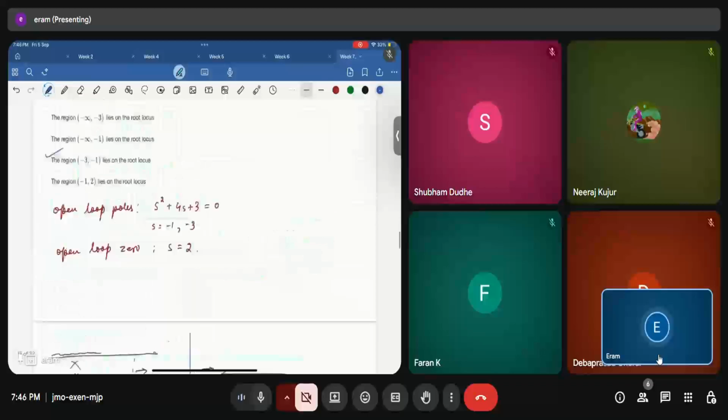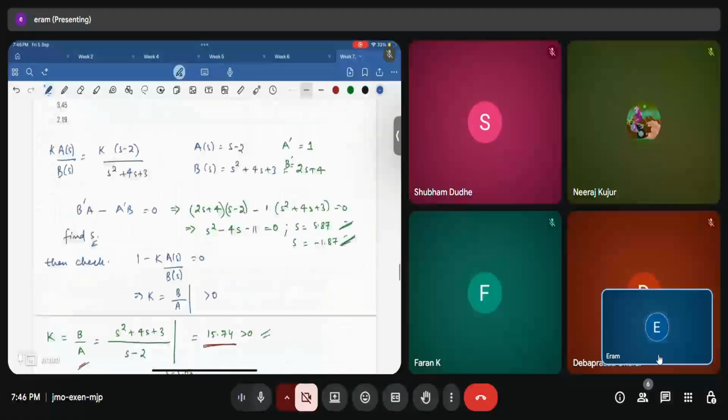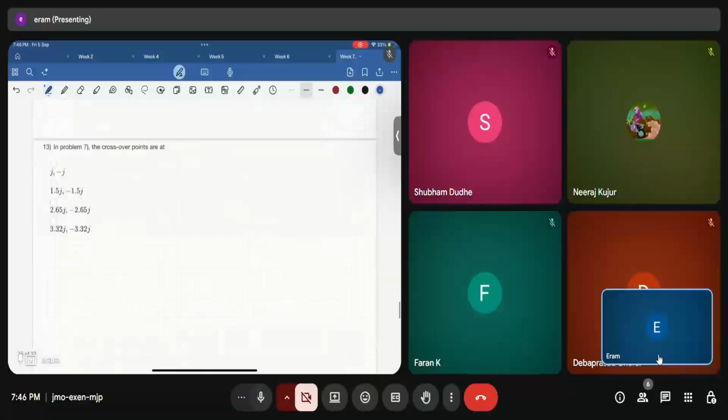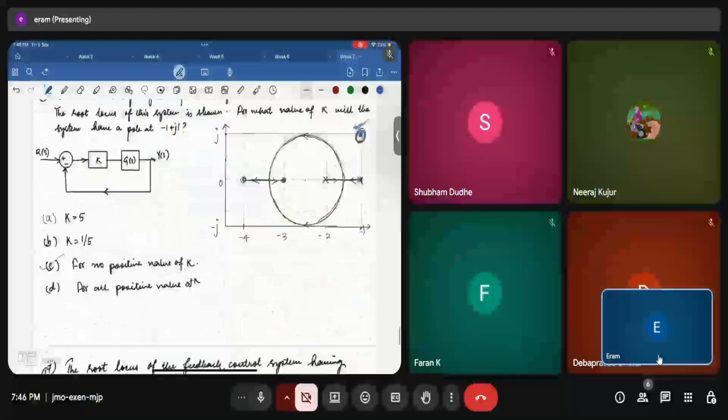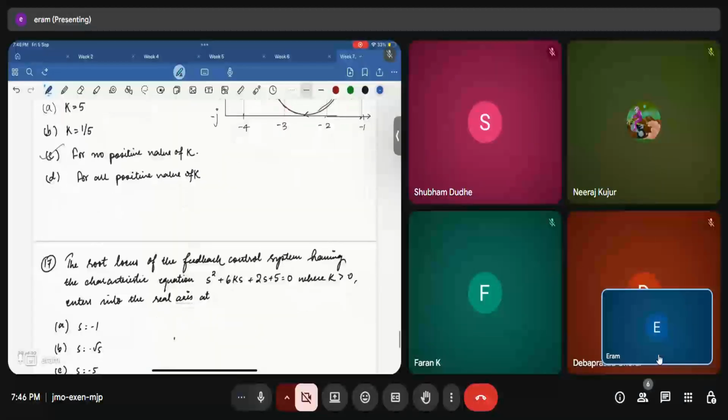Apart from this, if anyone has any doubt, you can ask. Then we'll meet next week from 6 to 8, and we will solve some more problems on root locus and maybe Bode plot also.